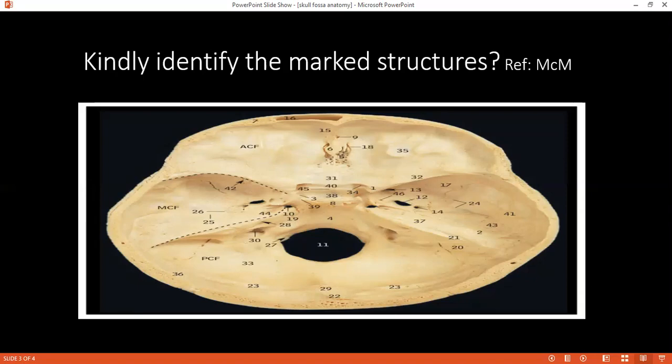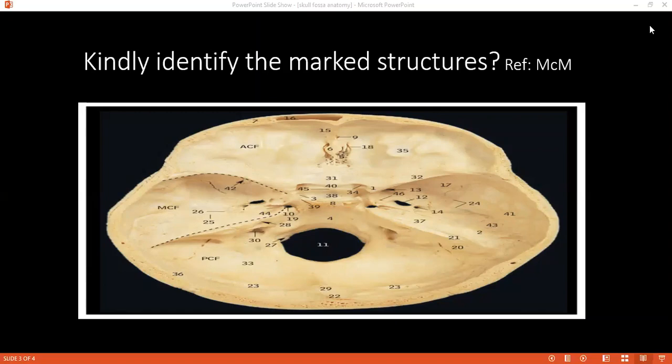Okay, can you name the structures which pass through the jugular foramen? Yes, the structures are the glossopharyngeal, vagus, and accessory nerves, the sigmoid sinus and the internal jugular vein. Yes, good. Okay, what is the stylomastoid foramen?